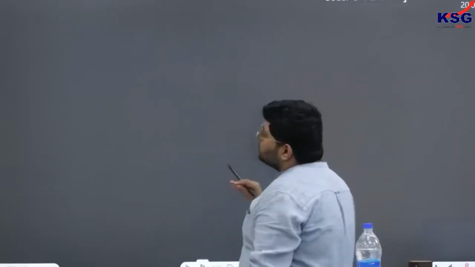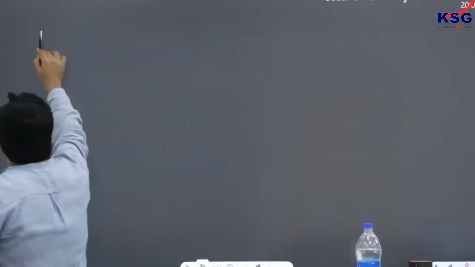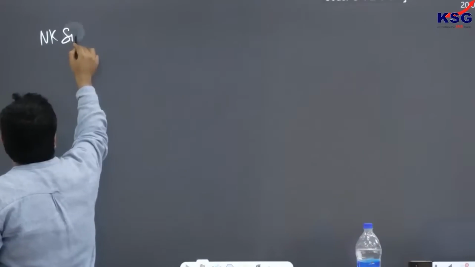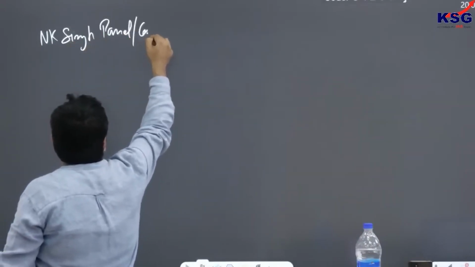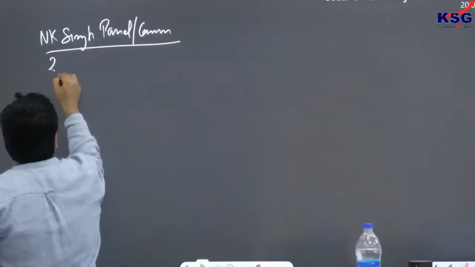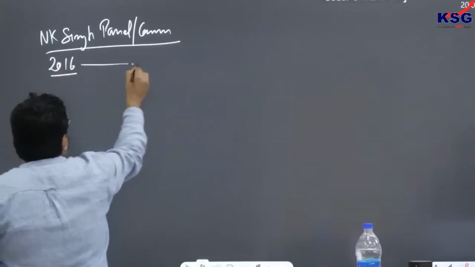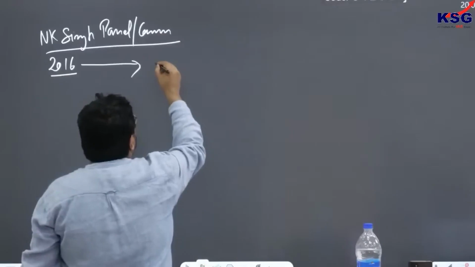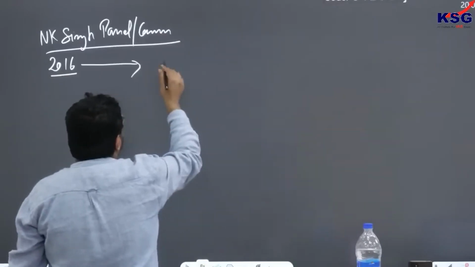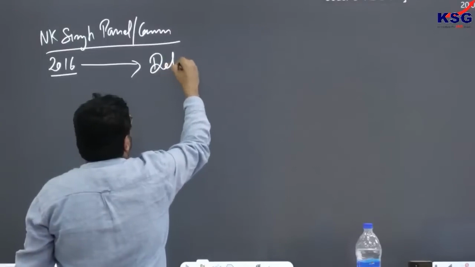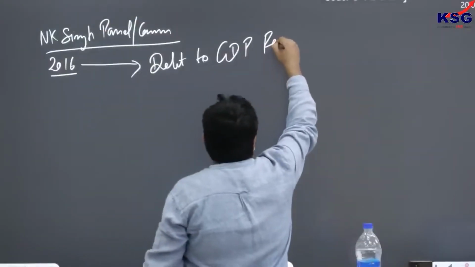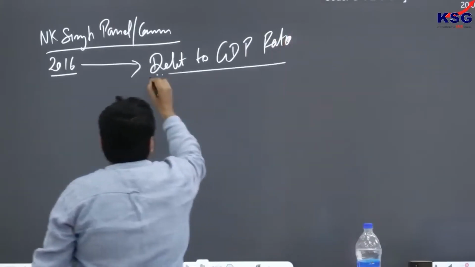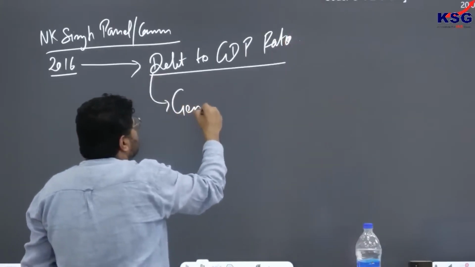So this is with respect to the FRBM Act. Now, to review the FRBM Act, the NK Singh panel or committee was formed by the Government of India in 2016, and it recommended that the government must focus on the debt to GDP ratio. He has given the concept of general debt.